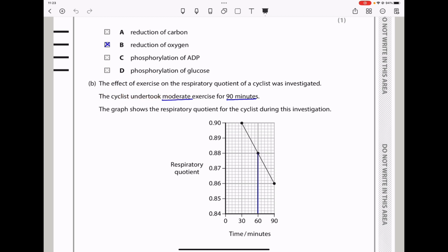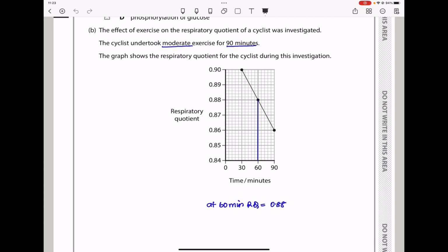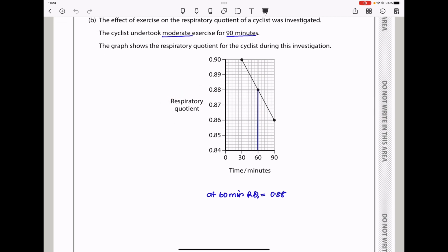The cyclist undertook moderate exercise for 90 minutes. The graph shows the respiratory quotient for the cyclist during this investigation. So we have respiratory quotient on the vertical axis and time in minutes on the horizontal axis. And we can see as time increases, there is a decrease in the respiratory quotient.